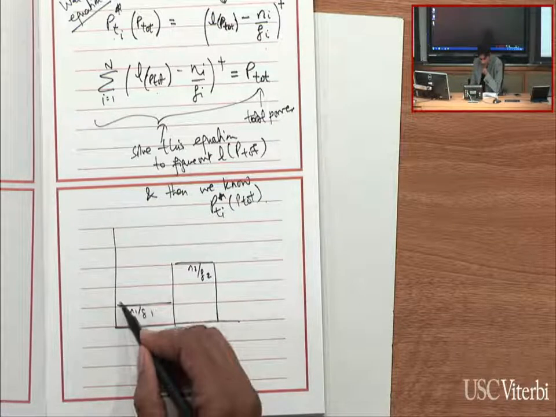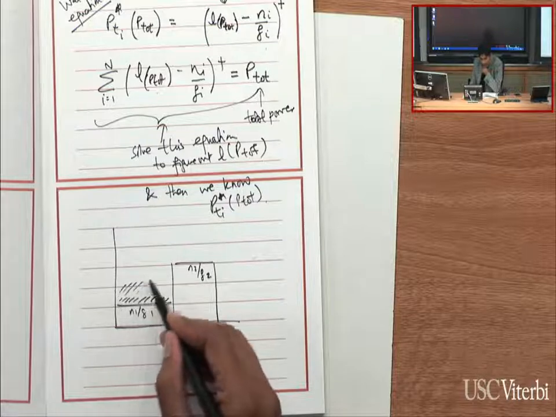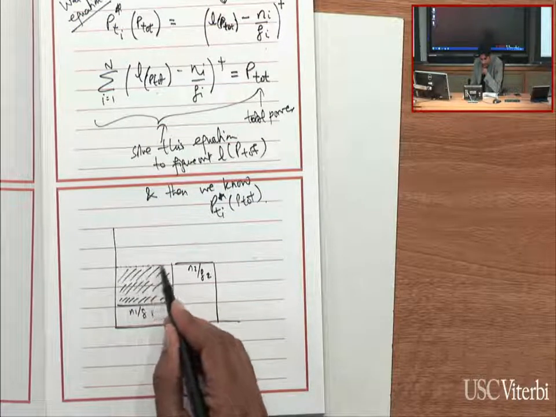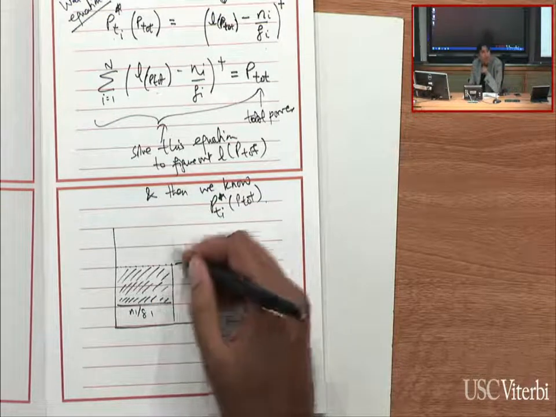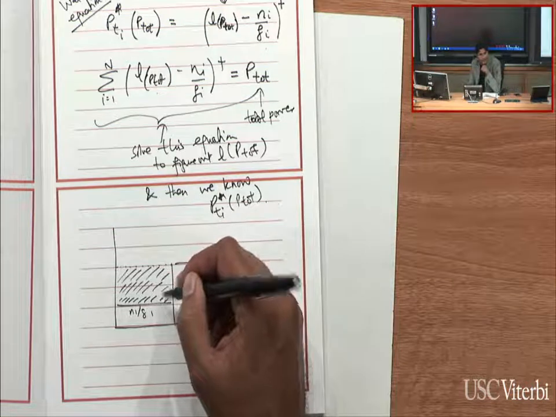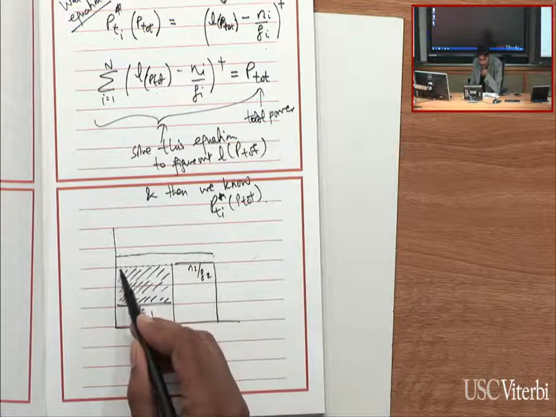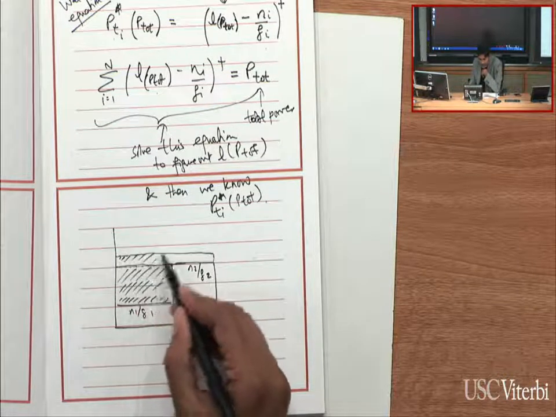So whatever power I pour in, I just pour it into this channel. As I get more and more power, I keep pouring into this channel, and I keep doing that until this number. So until my P total equals this gap, all of the power goes into channel 1. From that point on, my water level increases in this way that the additional power I'm going to put in is going to go equally into both channels.